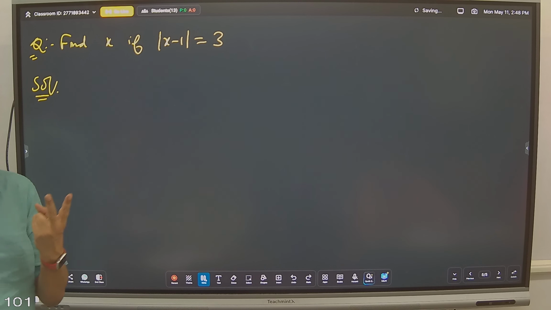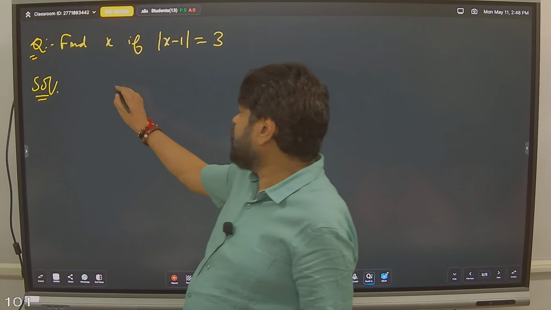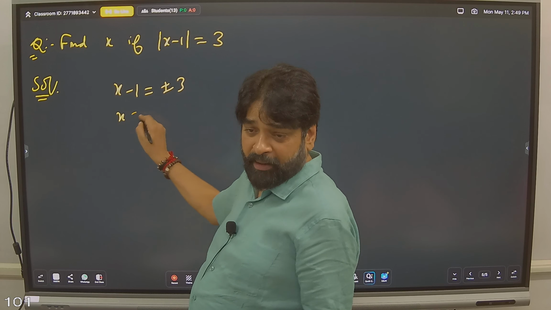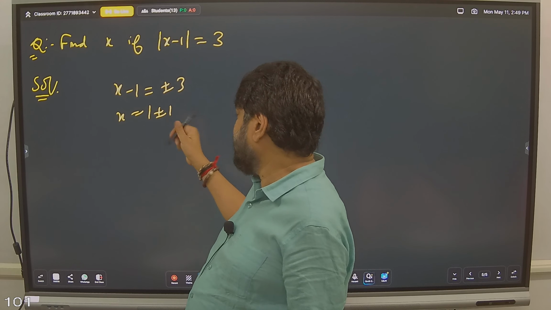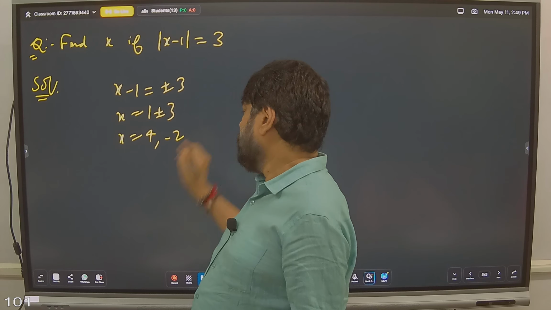Only two numbers have magnitude 3, either 3 or minus 3. So 100% sure x minus 1 must be 3 or minus 3, correct? So x equals 1 plus minus 3, that means x equals 4 or minus 2.